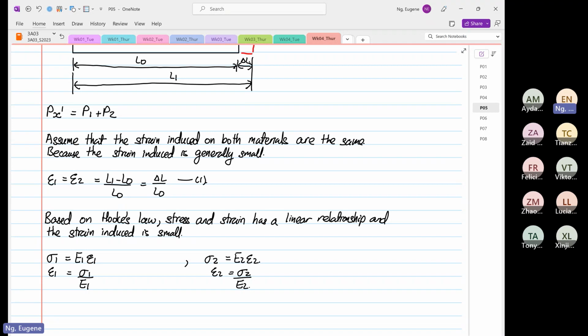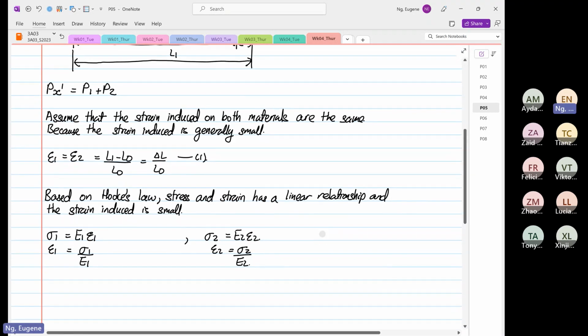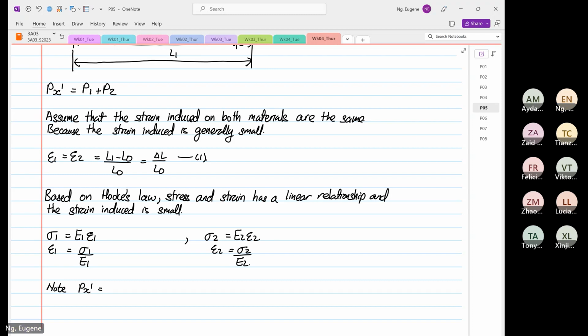So from here, we came out with an expression that we have Px prime is equal to P1 plus P2. We came up with that expression before.